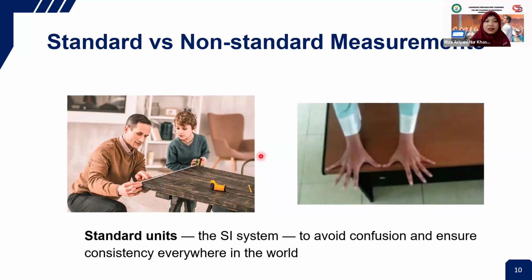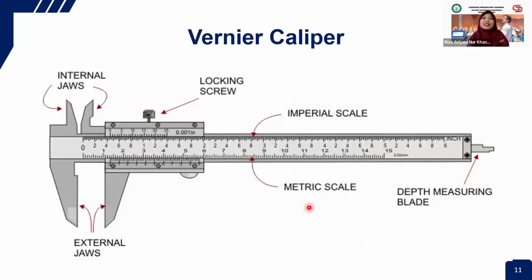So which one will give the better results? The first or the second figure? Yeah, the first figure. The first figure will give more accurate results because they use a ruler to measure the width of the table. So we need standard units to avoid confusion and ensure consistency everywhere in the world. Any questions? Got it? Good.